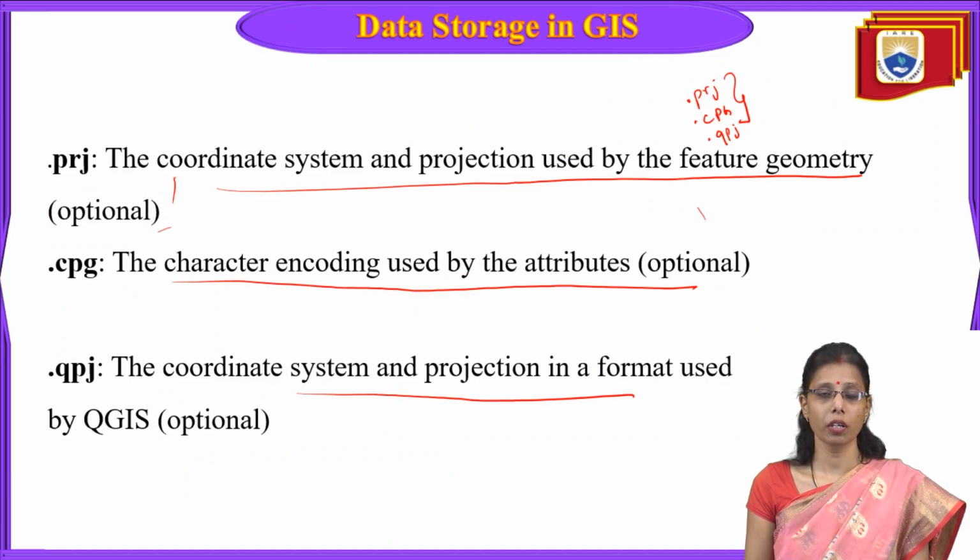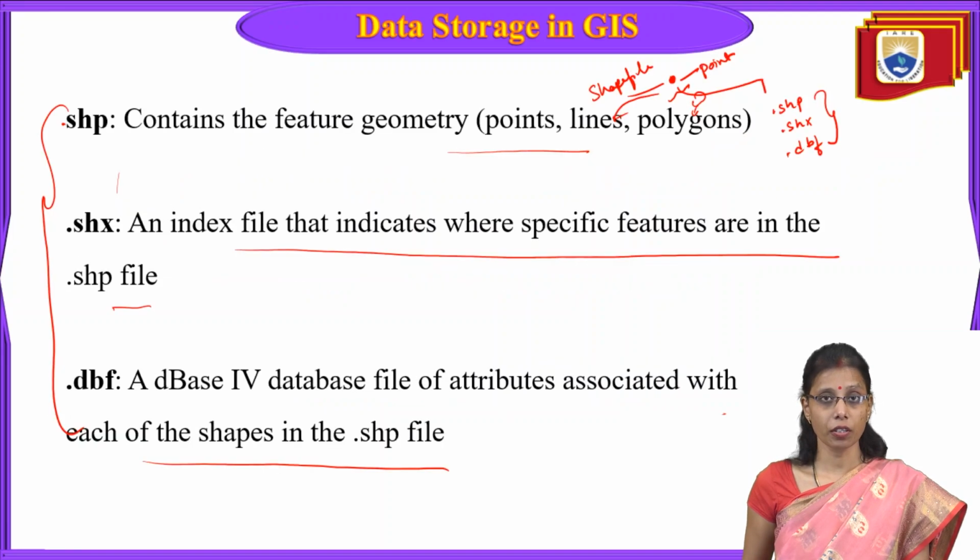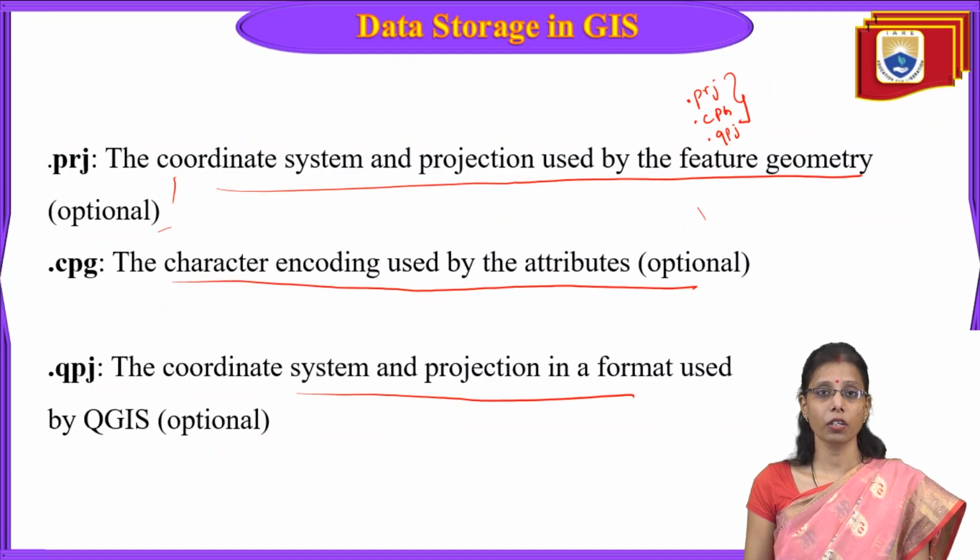Spatial data is saved in graphical maps, non-spatial data is stored in CSV files, and when you create your vector information, it is stored in the form of shapefiles. Shapefiles have 3 to 6 extensions: .shp, .shx, .dbf, .prj, .cpg and .qpj. This is how data storage in GIS works for further retrieval or analysis.